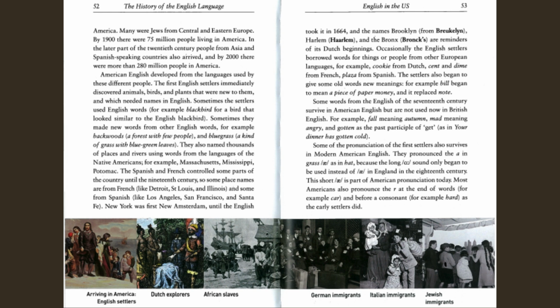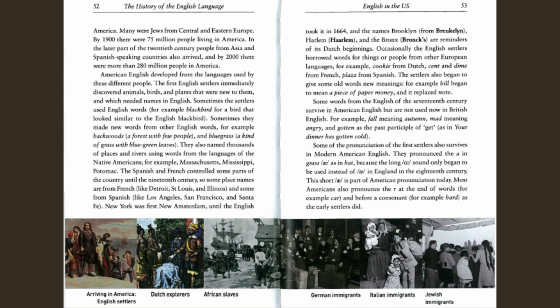They also named thousands of places and rivers using words from the languages of the Native Americans, for example, Massachusetts, Mississippi, Potomac. The Spanish and French controlled some parts of the country until the 19th century, so some place names are from French, like Detroit, St. Louis, and Illinois, and some from Spanish, like Los Angeles, San Francisco, and Santa Fe.